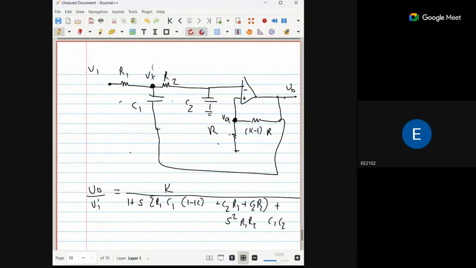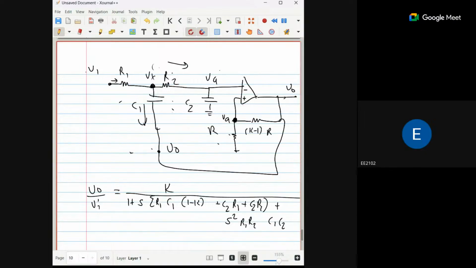The same VA, current will come from that side. Since this is connected with Vout, we have Vout and VA.